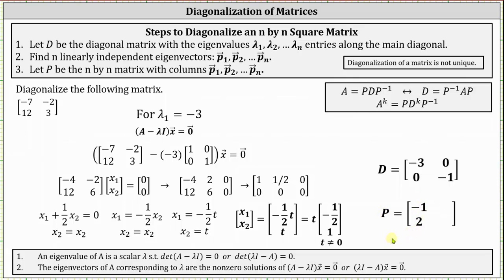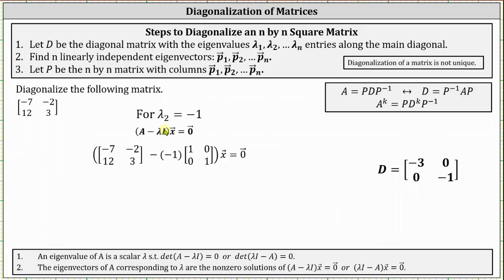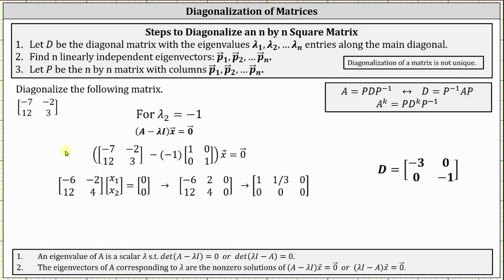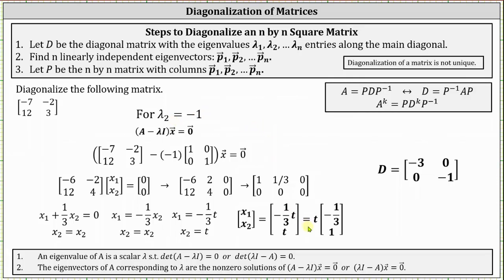And now we need to find an eigenvector that corresponds to lambda sub 2 equals negative 1. Going through the same process, to parameterize the solution, we can let x2 be t again, and therefore all the eigenvectors corresponding to lambda sub 2 equals negative 1 are in the form of t times the vector negative 1/3, 1, or all the scalar multiples of the vector negative 1/3, 1, except the 0 vector.